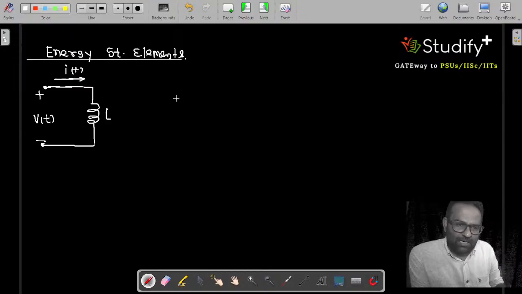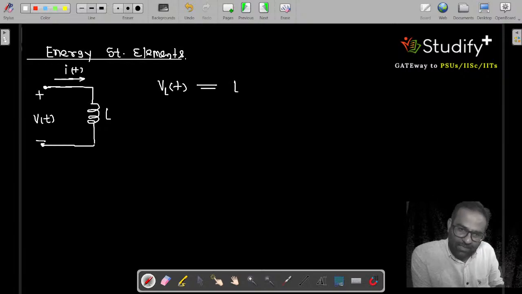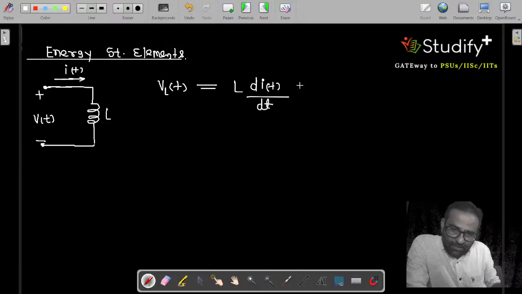As we know, the voltage across the inductor can be written as v_L(t) = L di/dt. The differentiation of current multiplied by L Henry is the voltage induced across the inductor.